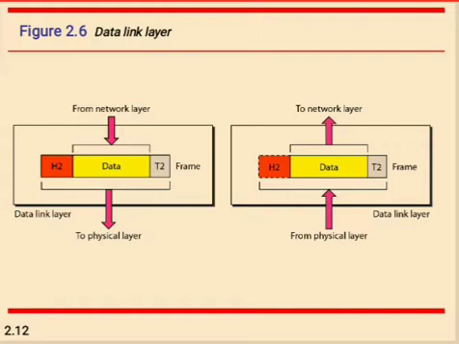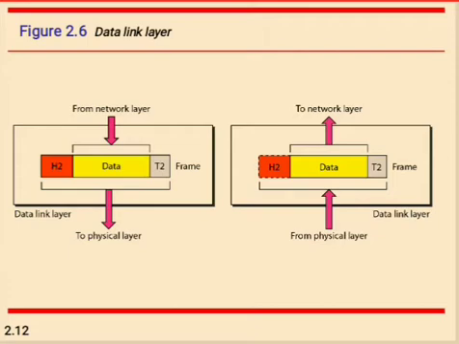It converts the data into a message, which we call a frame. The main thing here is that the data should be error free from one node to another over the physical layer.